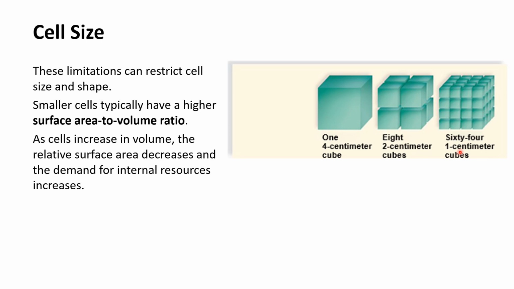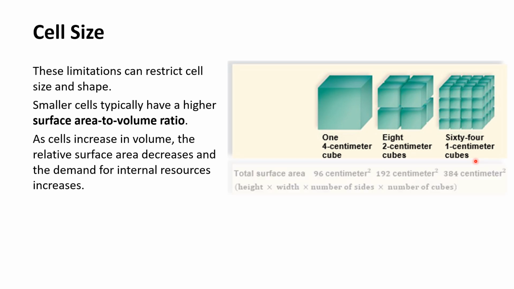So that means each of those little cubes is 2 centimeters on a side. And finally over here on the right, we will divide into 64 1 centimeter cubes, so much smaller. Let's take a look at the total surface area of each cube.